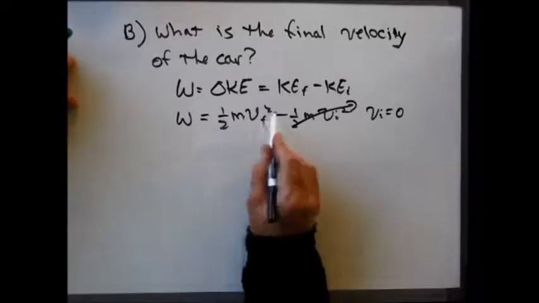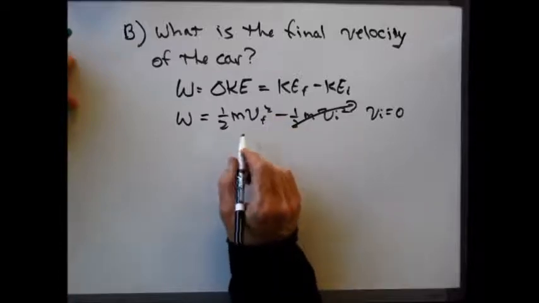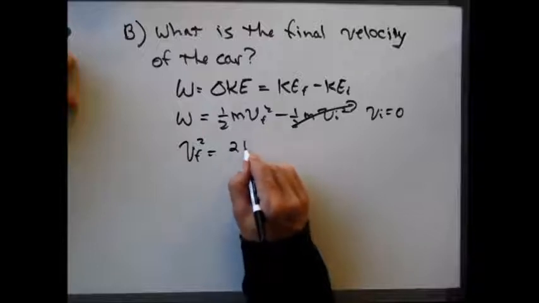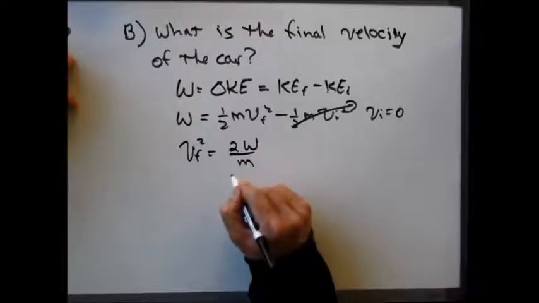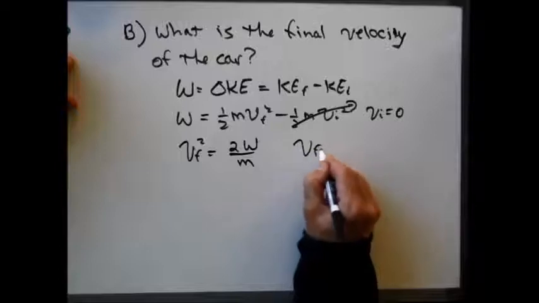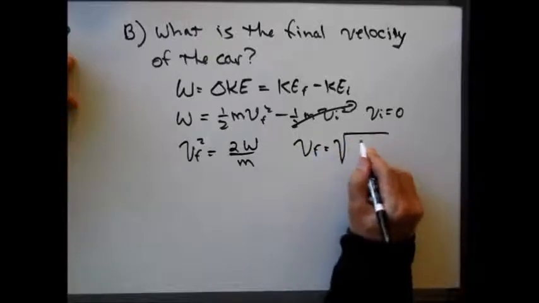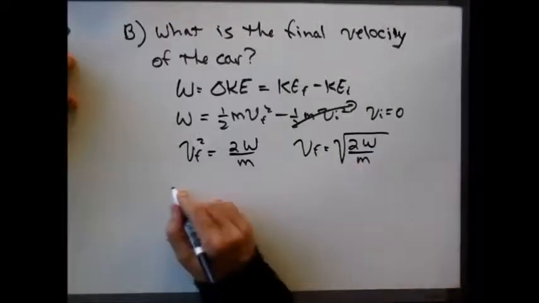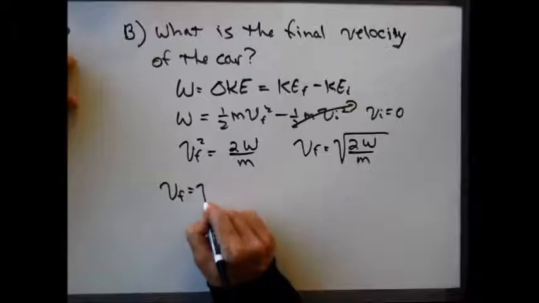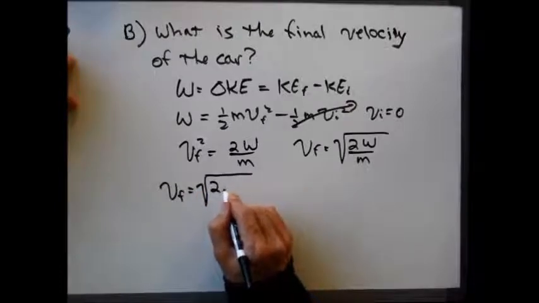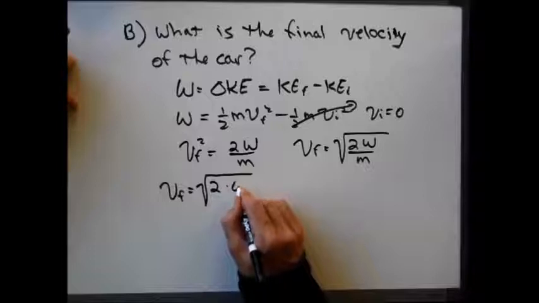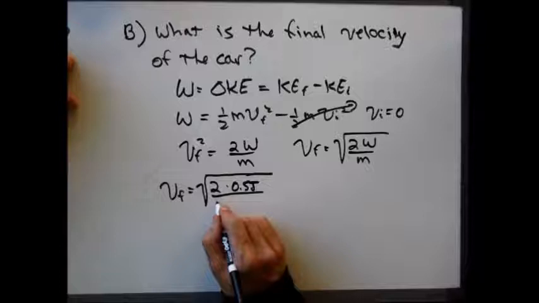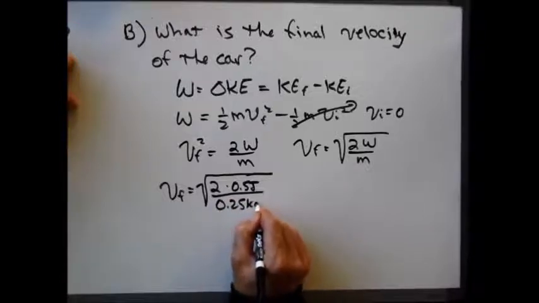All of the kinetic energy is stored in the motion of the car, and so we could say v final squared is equal to 2 times the work divided by the mass. Or v final is equal to the square root of 2 times the work divided by the mass. But we just said that the work done was 0.5 joules, divided by the mass of the car, 0.25 kilograms.